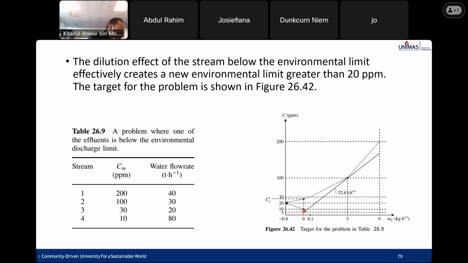So here we have 10 to 20. The water supply line stops at 5 ppm because they mentioned this operation is capable of producing an outlet concentration of 5 ppm.